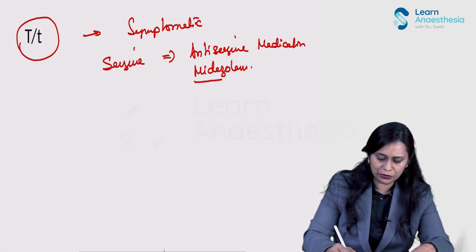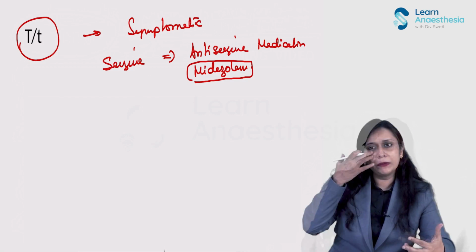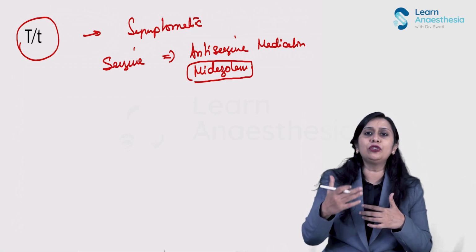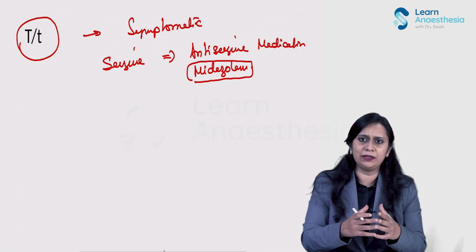Best drug we give is midazolam. Midazolam stops the seizure and it also increases the threshold of seizure. So, midazolam would be the best drug in this situation.